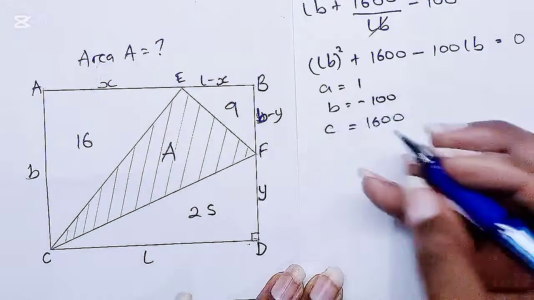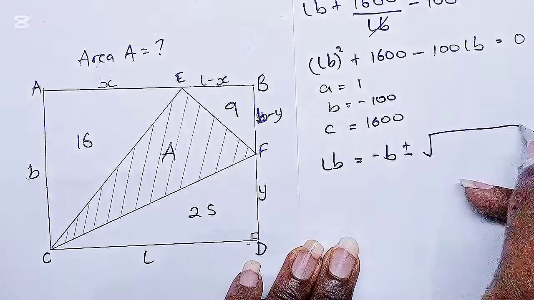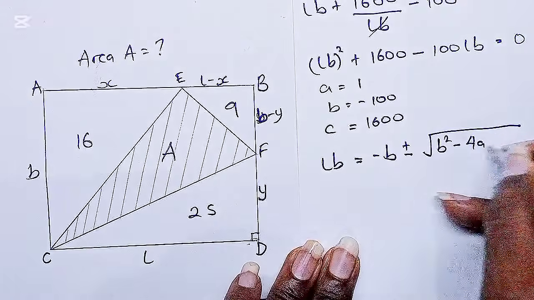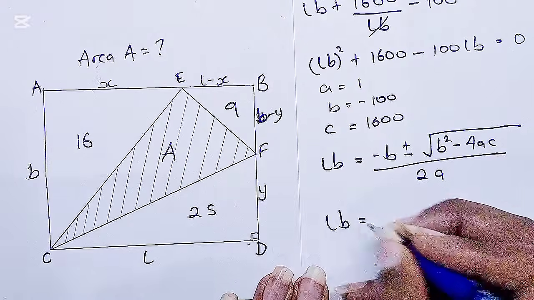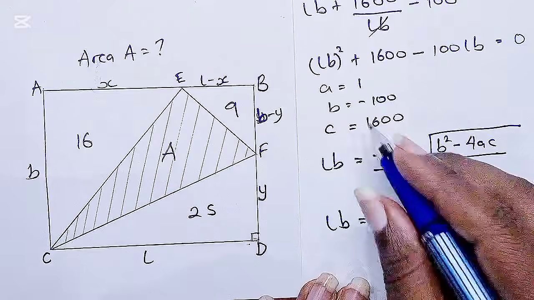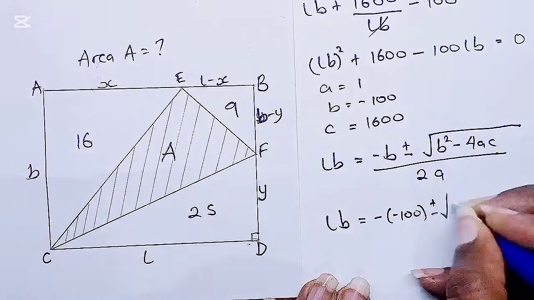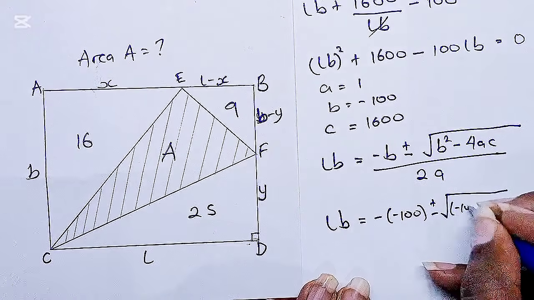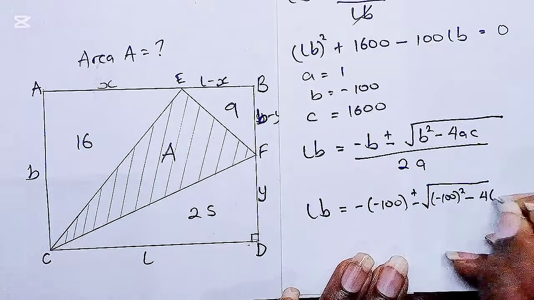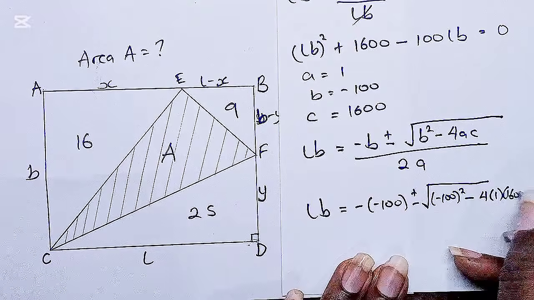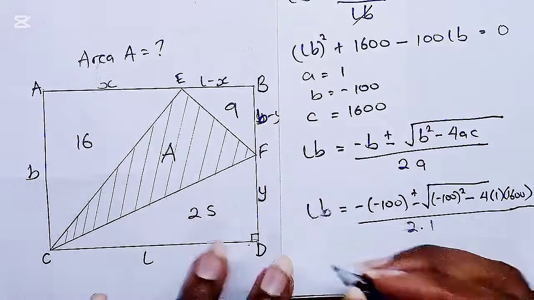So our quadratic formula gives LB equal to minus B plus or minus the root of B squared minus 4AC, over 2A. So LB is equal to minus negative 100, plus or minus the root of negative 100 squared minus 4 times 1 times 1600, over 2 times 1.